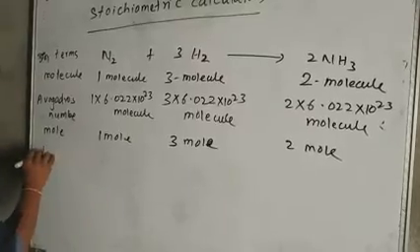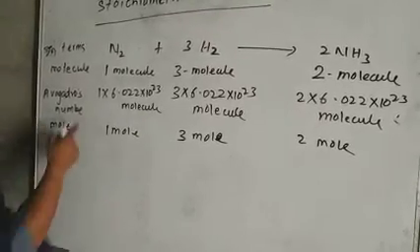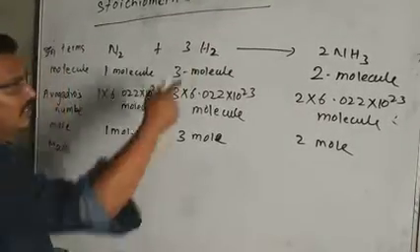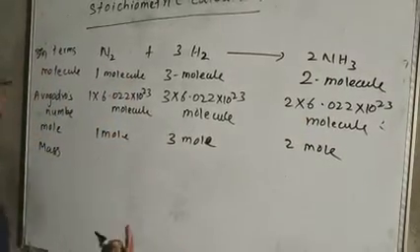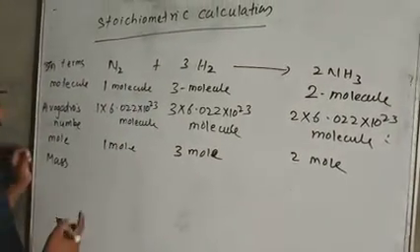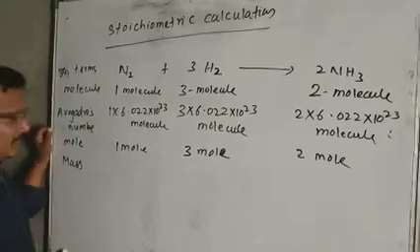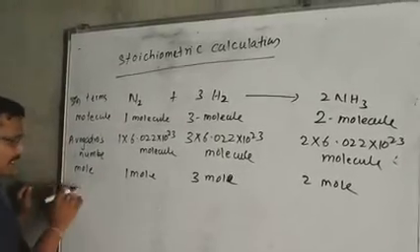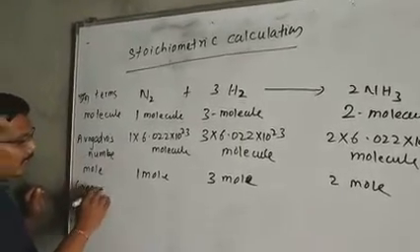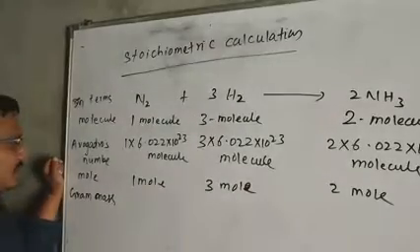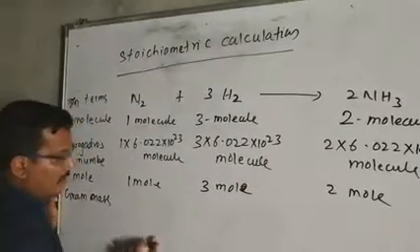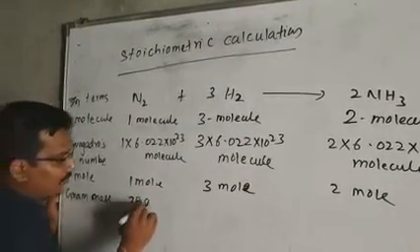Next is the mass relation. Since it is a molecule, we can think about the molecular mass. Nitrogen has molecular mass 28. For the mass relation, that means gram molecular mass, or gram atomic mass, or gram ionic mass, that is 28 gram.